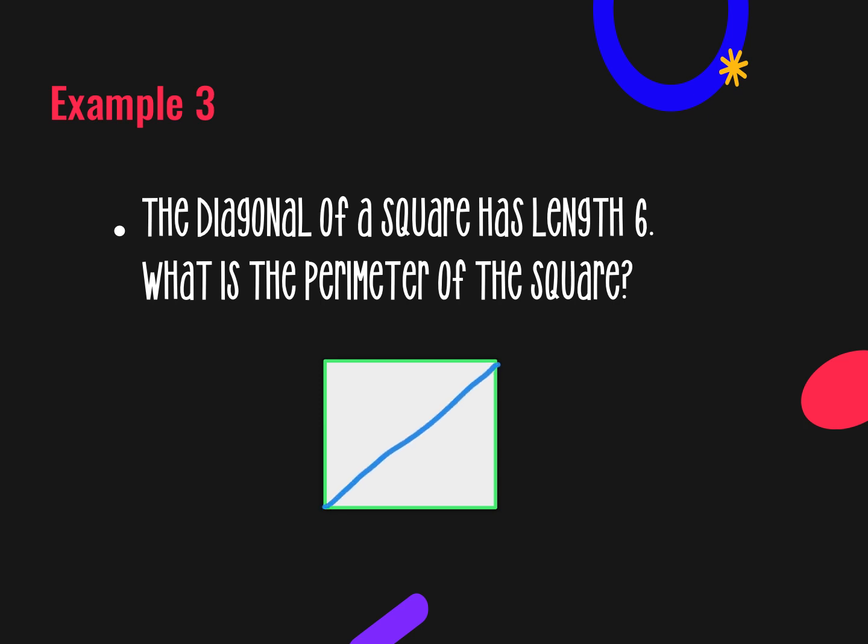Just remember it needs to go from 2 non-consecutive vertices. So remember the sides of a square, they're all going to be the same. So on this one, I could say that these are all A's.